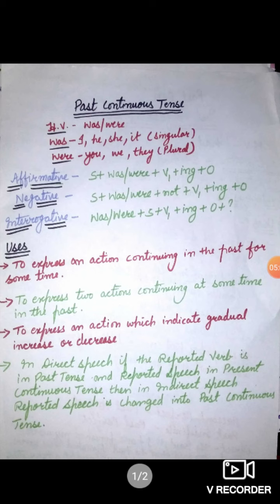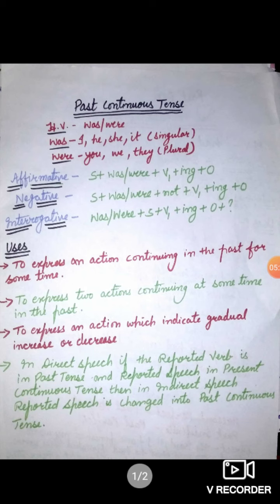Here also, in direct speech, if the reported verb is in past tense, then reported speech is in present continuous tense. In that condition, in indirect speech, reported speech is changed into past continuous tense.